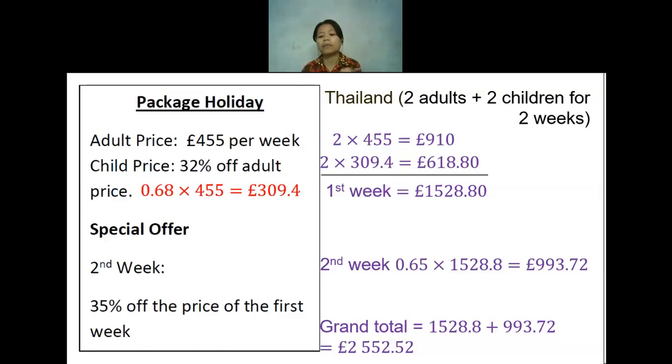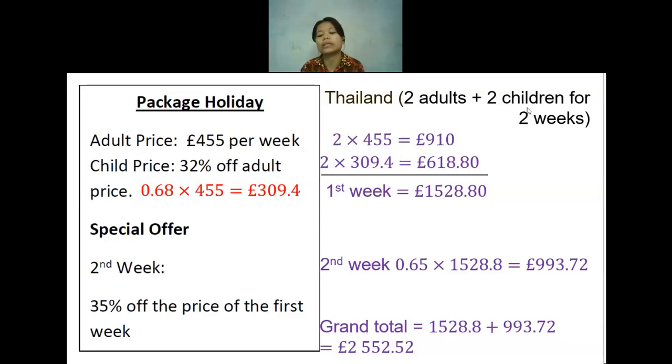The 65% I change into a decimal, which becomes 0.65. So for the second week I will just do 0.65 times 1528.8 pounds.